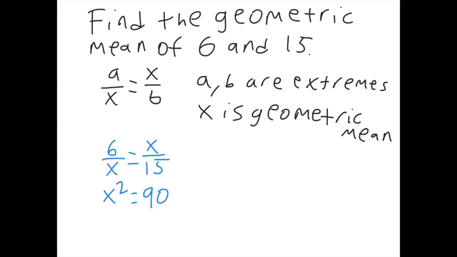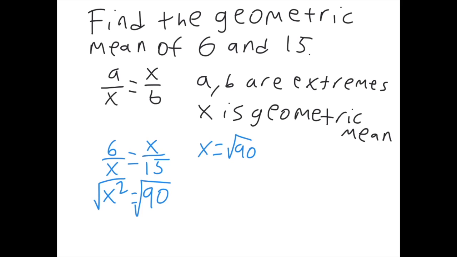And now we want to solve for x. Here we have x squared, so we have to do the opposite of that, which is take the square root of both sides. So that'll leave you with x equals the square root of 90. Now the problem with that is we can simplify that, just like we did last class. Square root of 90, to simplify that, remember, what's a perfect square you can take out of that?